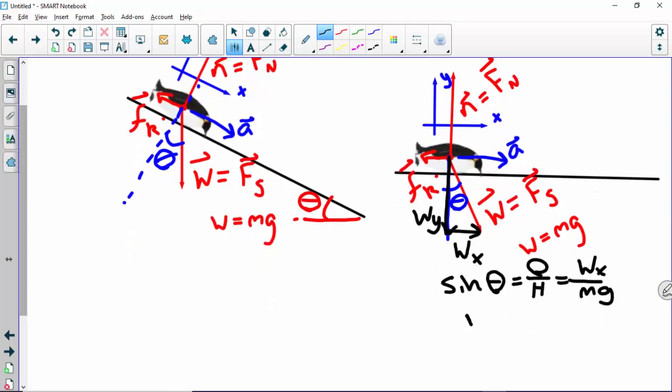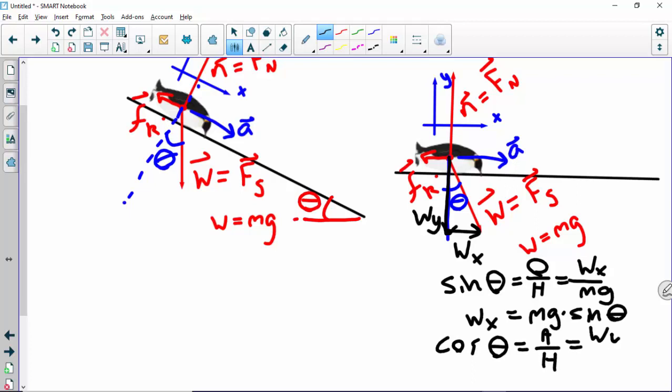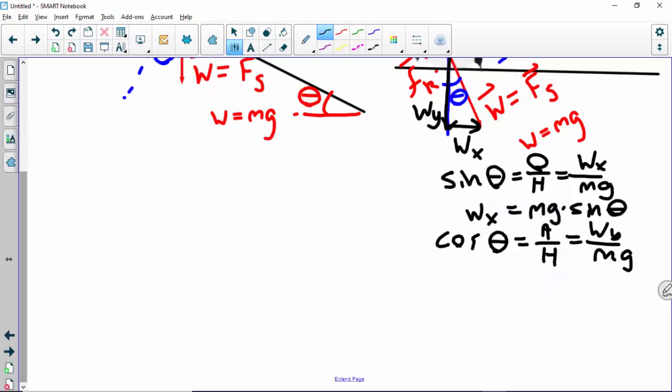And so we get wx is equal to mg times sine theta. Similarly, we get that cosine theta is equal to adjacent over hypotenuse, which is wy over mg. So we get that wy is equal to mg cosine theta.